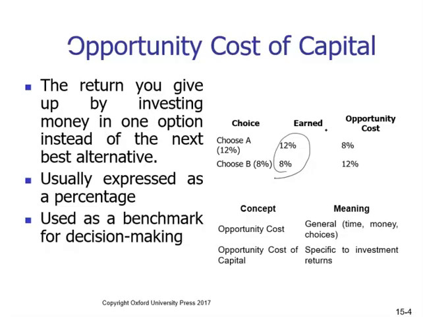But if you choose choice B, that has a return of 8%, the opportunity cost of capital is 12%. And again, they are similar, opportunity cost and opportunity cost of capital, just one is general, the other one is specific to the field of finance.